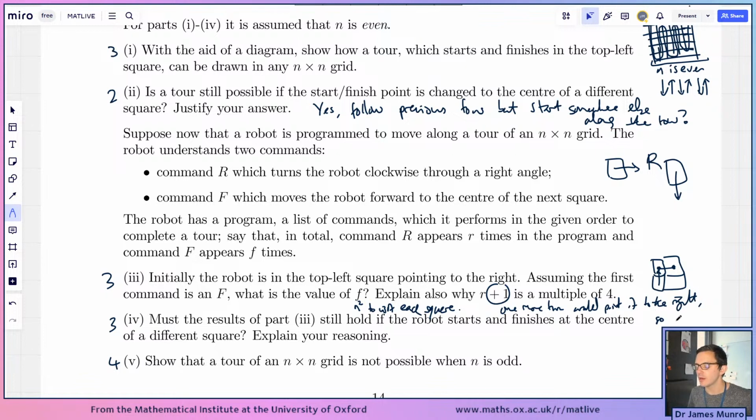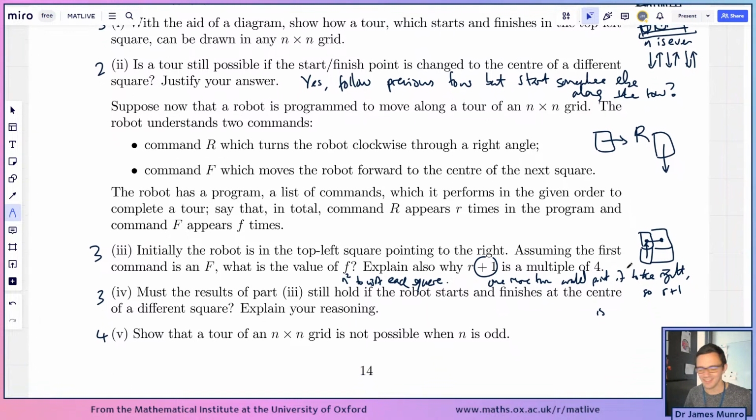So R plus 1 is enough rotations to get it pointing to the same direction it started. It spins 90 degrees each time, so r times 90 degrees is some multiple of 360 degrees. That's probably overcooking it a bit. It says that r is a multiple of 4, dividing both sides by 90 degrees.